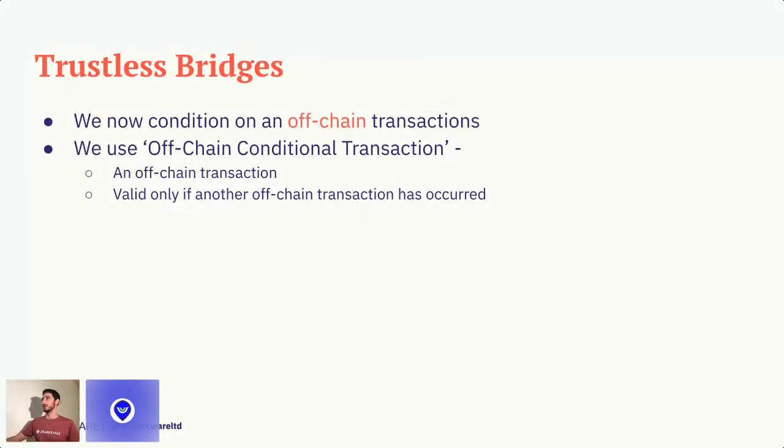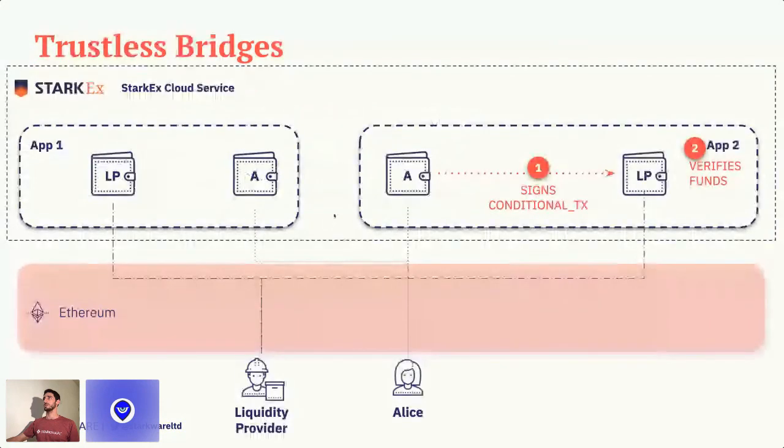Okay, let's see what happens here. It is a bit more complicated, but you'll be fine. Okay, so again, we have here Ethereum. We have here 2 applications, and we have here Alice with her account on application 2, an account on application 1, and we have a liquidity provider which has an account on application 1 and an account on application 2.